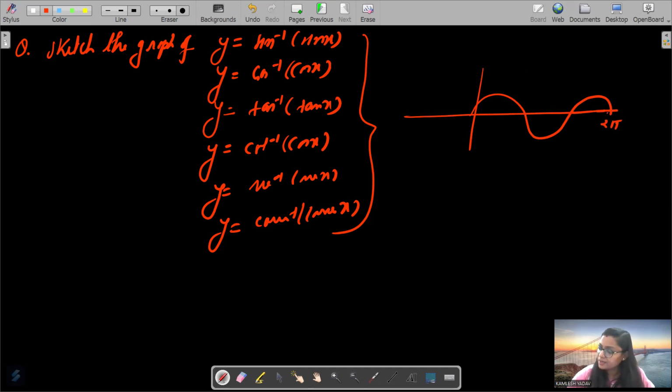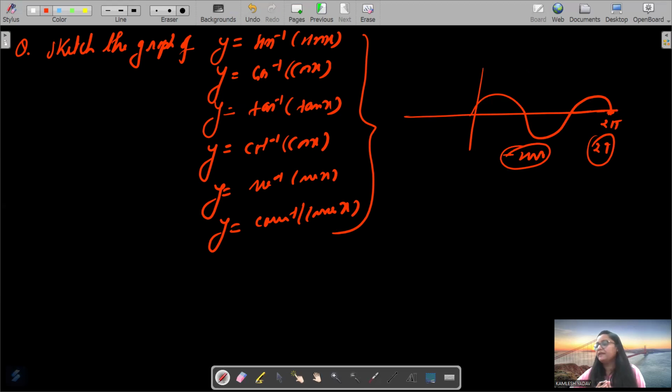So this graph is repeated in 2 pi. Actually, this is the graph of sin x, which is repeated. The graph is repeated at the point 2 pi, so this is a periodic function with period 2 pi. Okay, all these trigonometry functions are periodic functions.